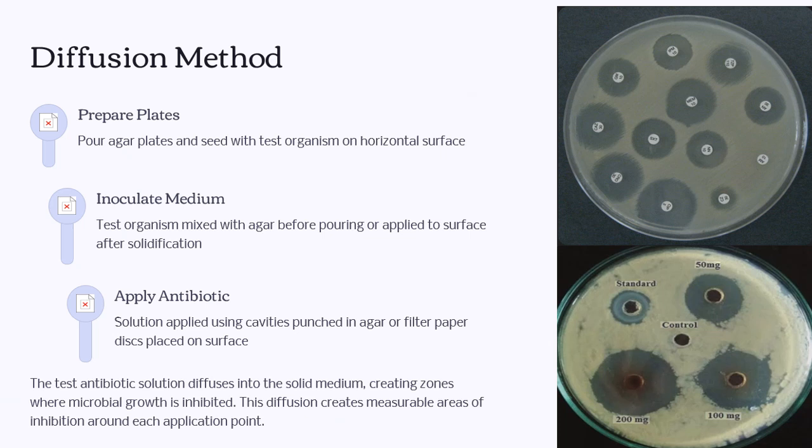The second method used for antibiotic assay is the diffusion method. In the diffusion method, the agar plates are prepared by pouring nutrient agar medium into petri plates and inoculating with the test organism.